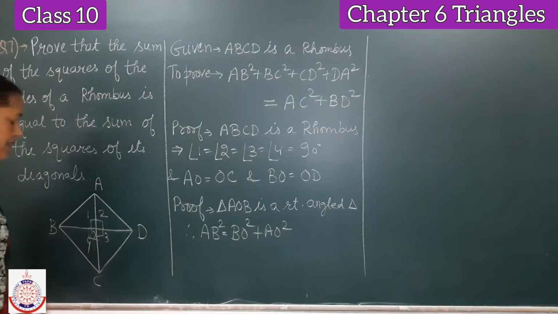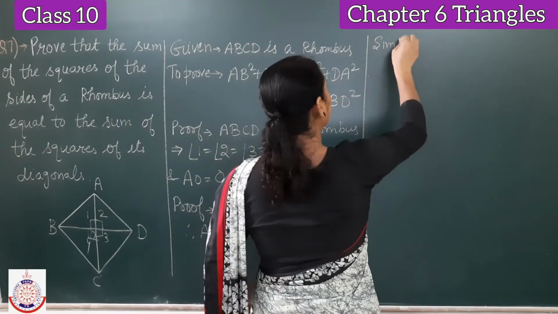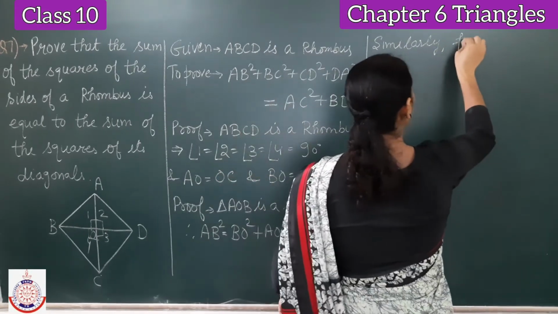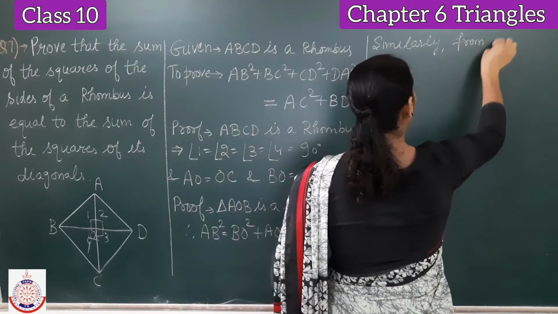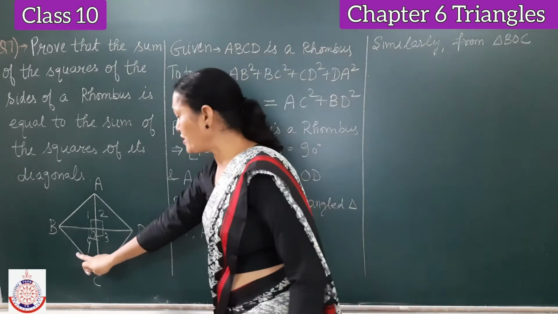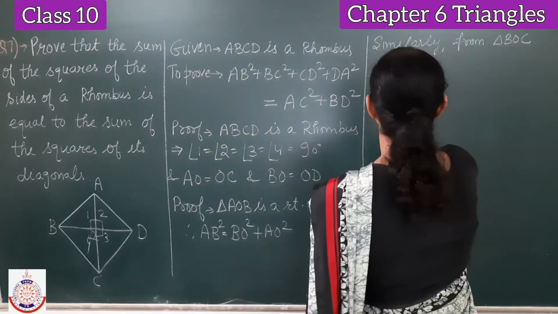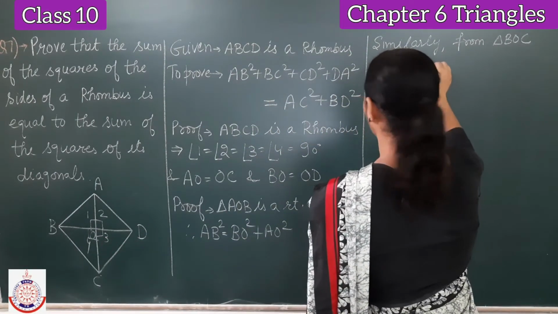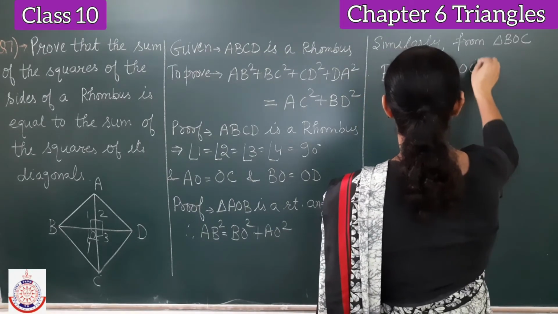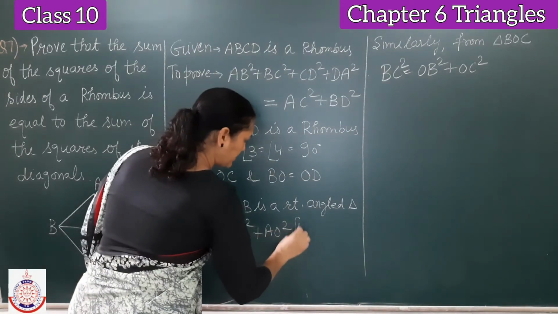Similarly, from other triangles, from triangle BOC, we will be having BC square equals to BO square plus OC square. And here in first part we will be writing using Pythagoras theorem.